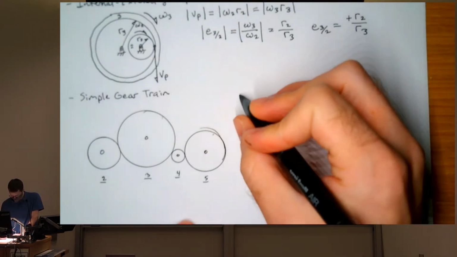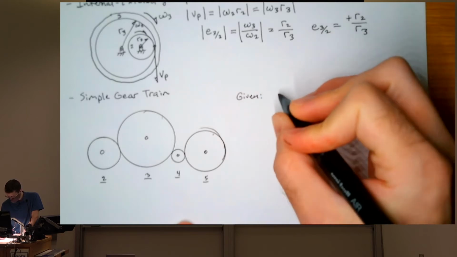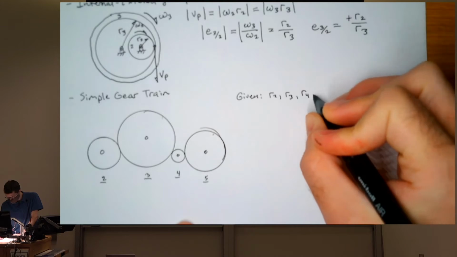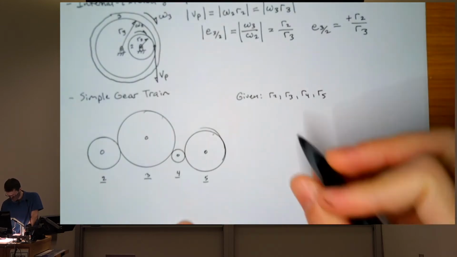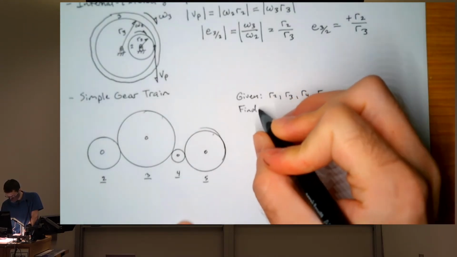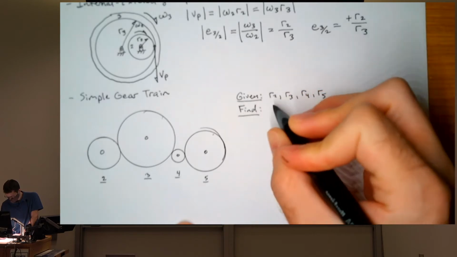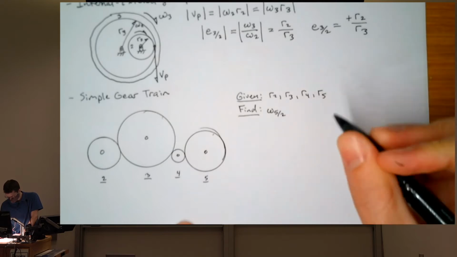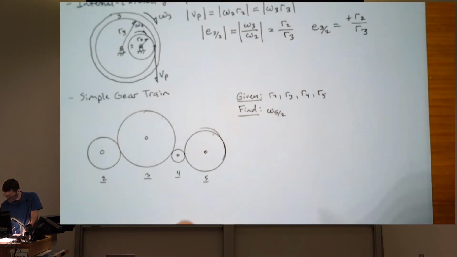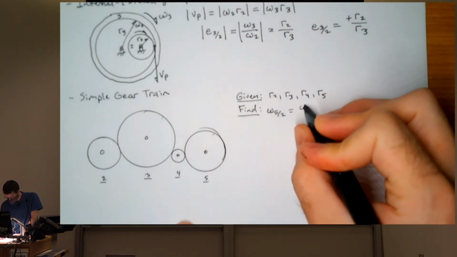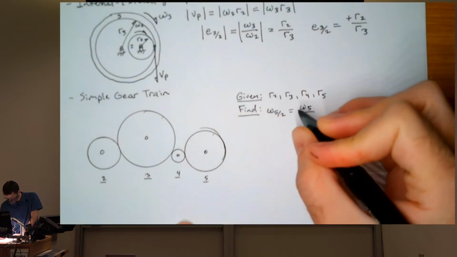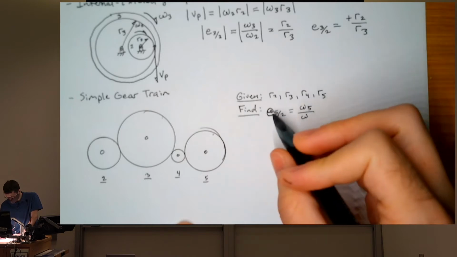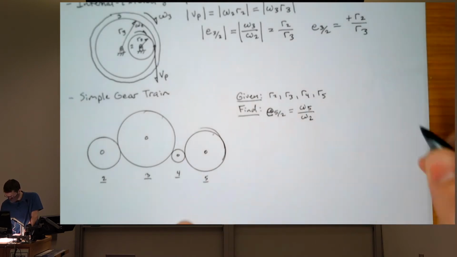So if you were given R2, R3, R4, and R5, and asked to find the speed ratio, and let's say that's omega 5 over 2, where 5 is our output, 2 is our input. Oh sorry, this is E. E5/2, that's our speed ratio, which is omega 5 over omega 2.